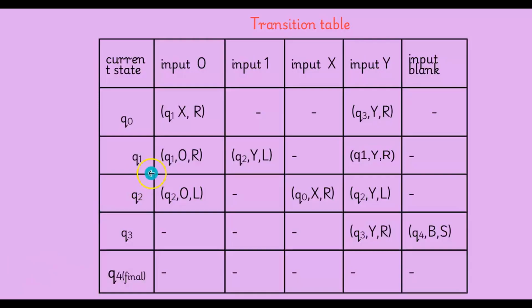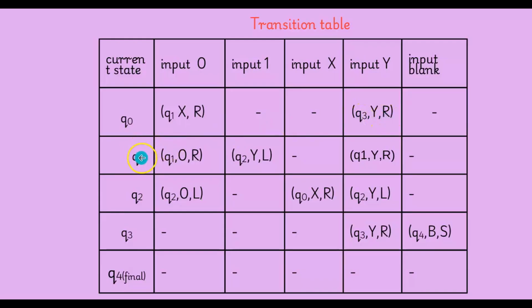This is the transition table of the Turing machine. The initial state is Q0. If the input symbol is 0, make it x, reach the state Q1, and move right. When the input symbol is y, you keep it as y, reach the state Q3, and move right.